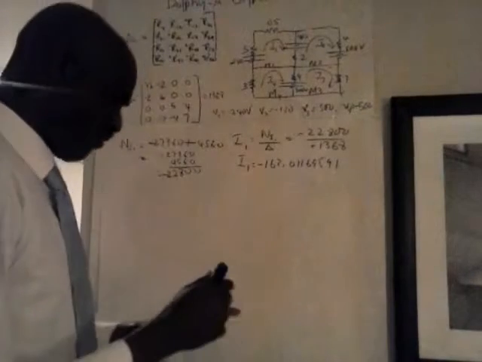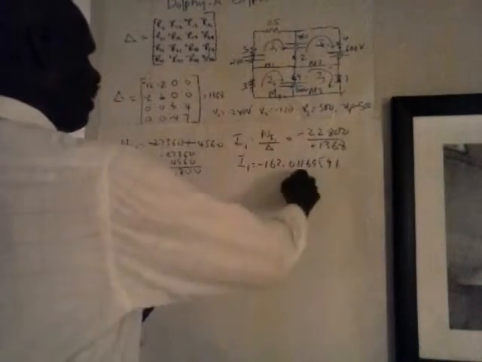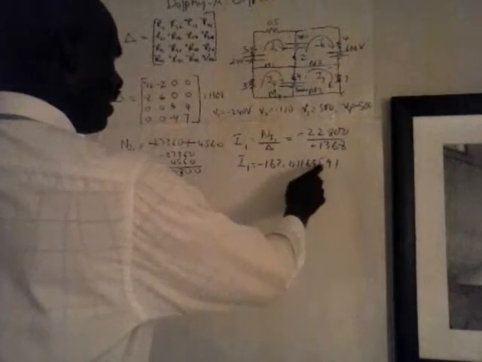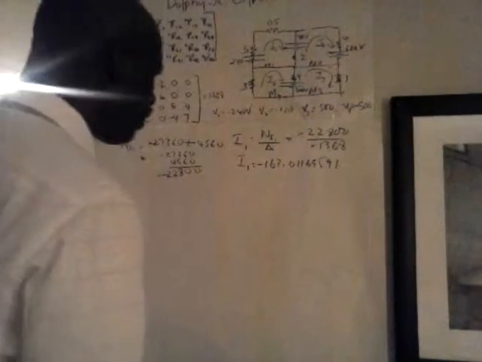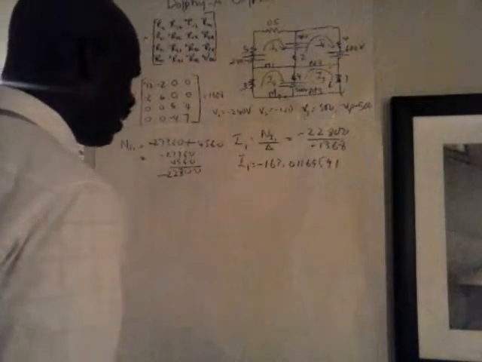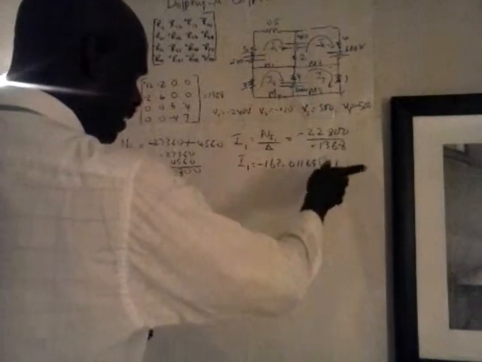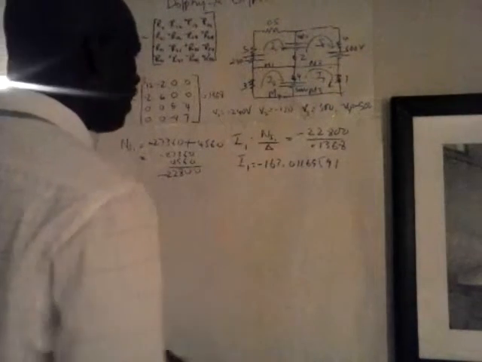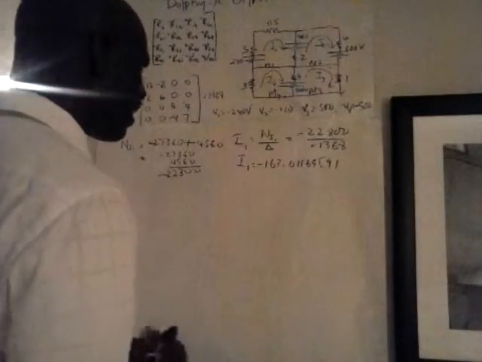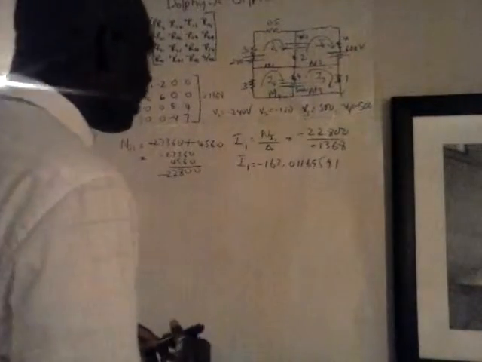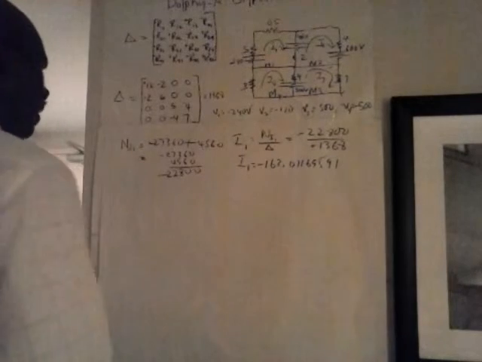Now these small values come in decimal places 1, 2, 3, 4, 5, 6, 7, 8, 9. They would be significant in small signal analysis, which requires nanoamperes, picoamperes, microamperes, even 10 to the minus 6, 10 to the minus 9, 10 to the minus 12. These digits would be quite significant.